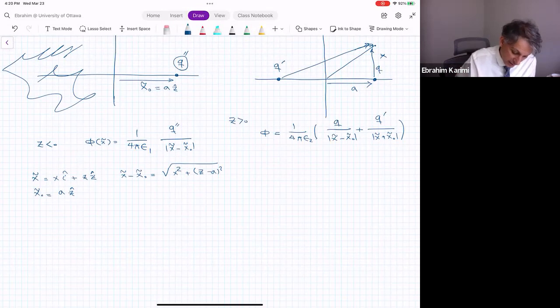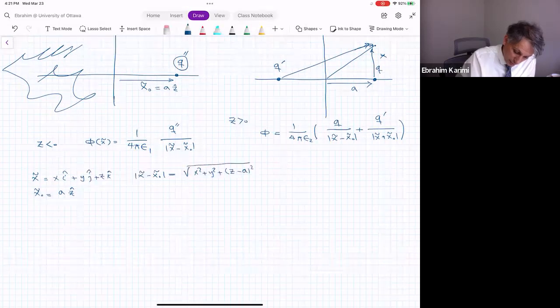You can also take the derivative. You can write also y0. So if you want to really look at the two-dimensional case, I have to write that expression as y j hat plus z k hat. The magnitude of x minus x0 is equal to the square root of x squared plus y squared plus z minus a to the power of 2, while for x plus x0, that will be the square root of x squared plus y squared plus z plus a to the power of 2.